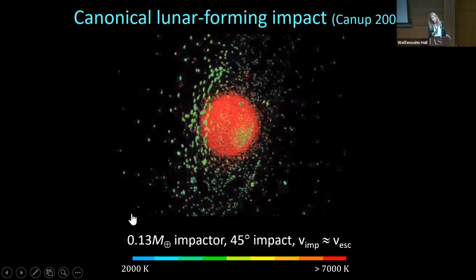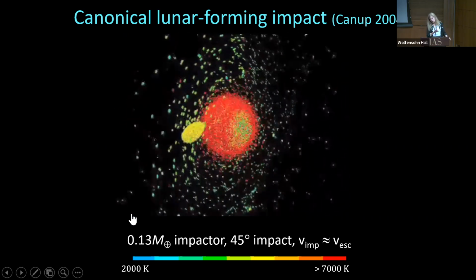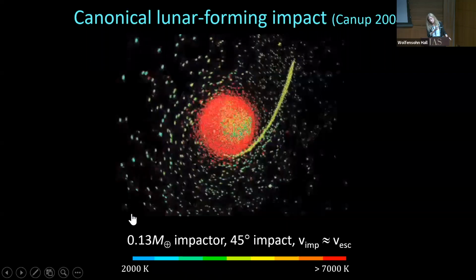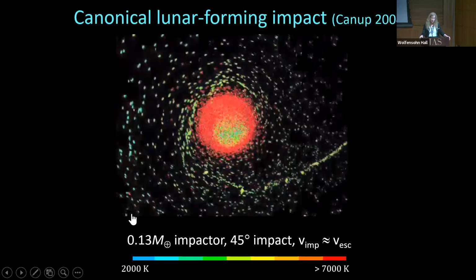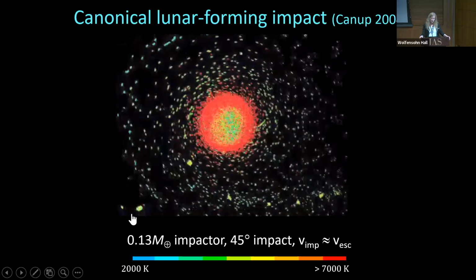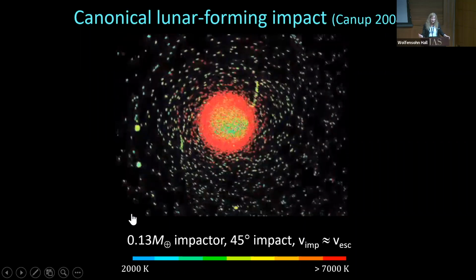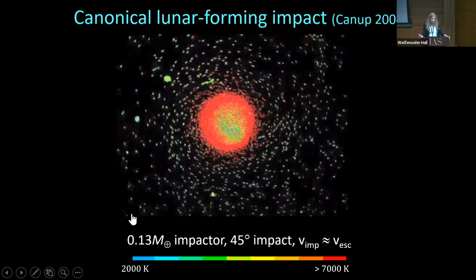Now the viewing angle is shifting. You see the passage of an outer clump from the impactor within the Roche limit of the Earth. It gets tidally stripped apart. After about a day of simulated time, you're left with a rapidly rotating Earth, about a 5-hour day.